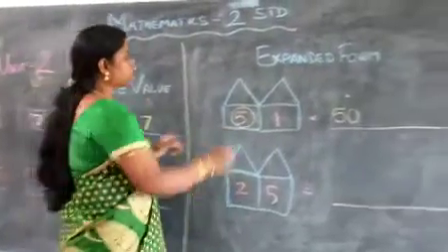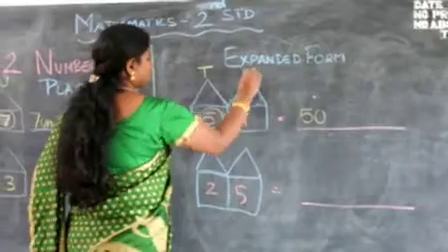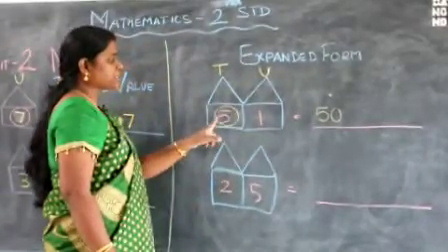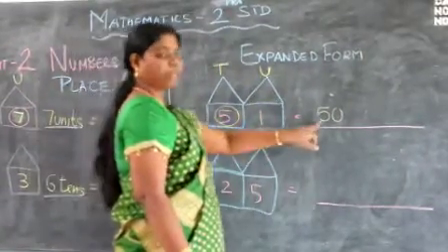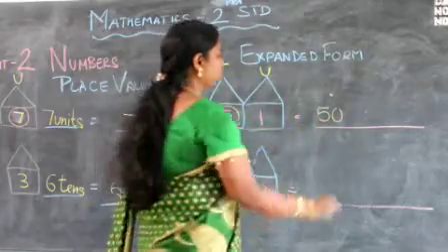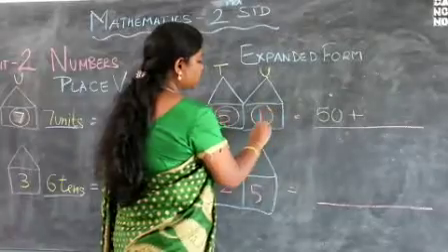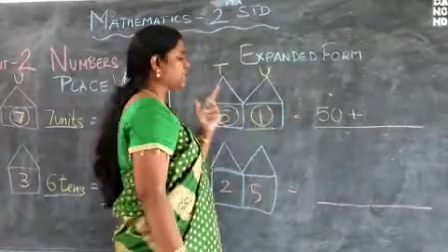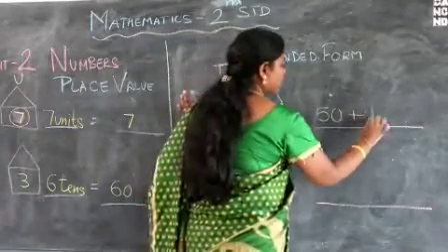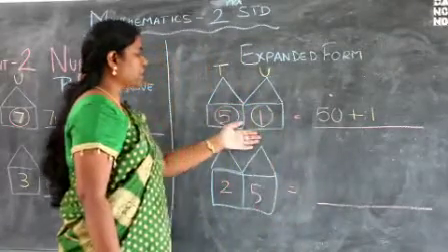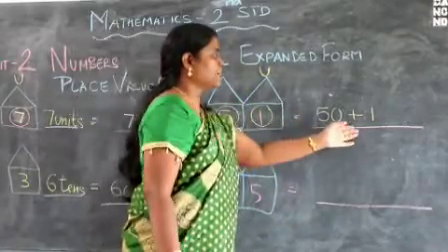So here 5 is in your tens position and 1 is in your ones position. So 5 is going to be represented by 50. Now you're going to put an addition symbol here and then your 1. Your 1 is in units position, so you're going to represent that as 1 itself. So your expanded form for 51 is going to be 50 plus 1.